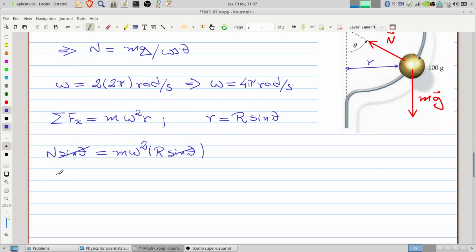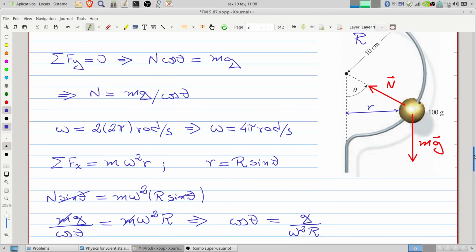So we'll have mg divided by cosine of theta equals m omega squared times r. Of course, we can cancel the mass, and therefore the cosine of theta equals g divided by omega squared times r. This is the solution of the problem.